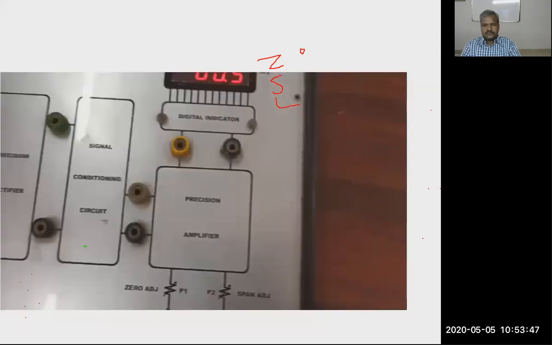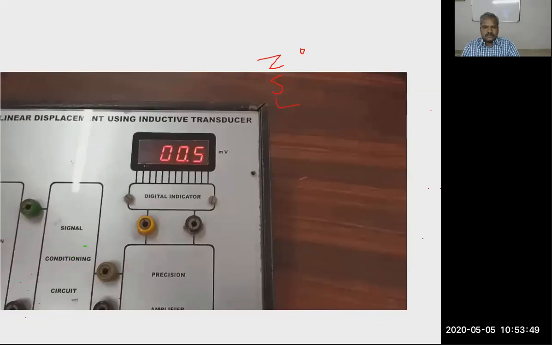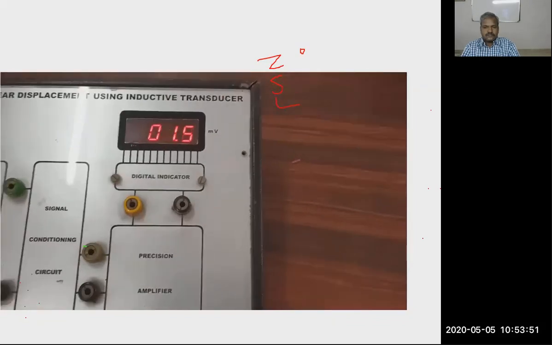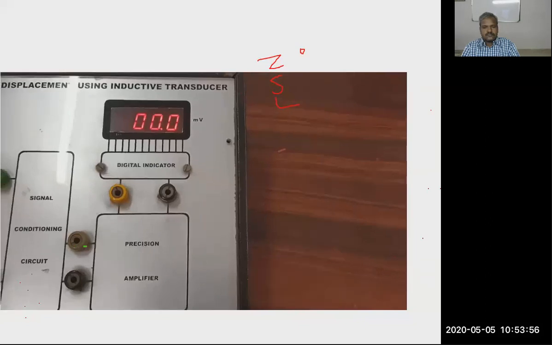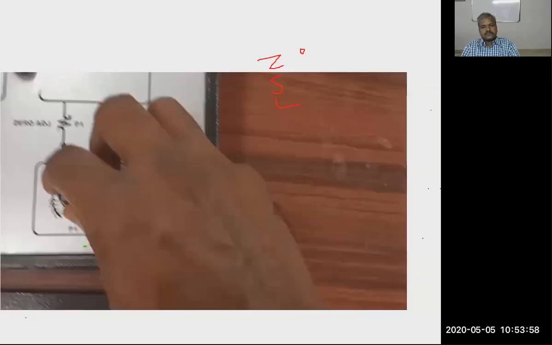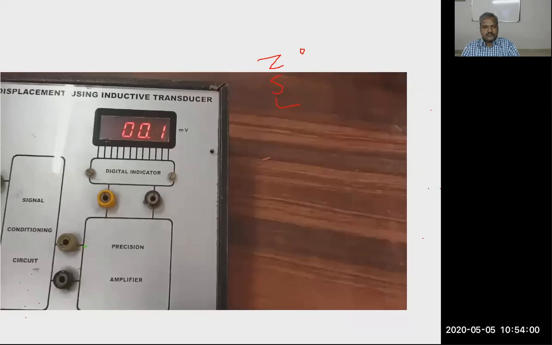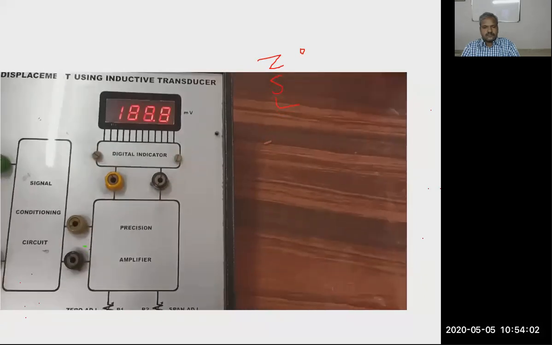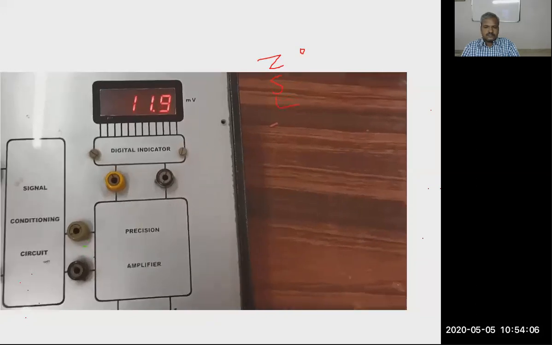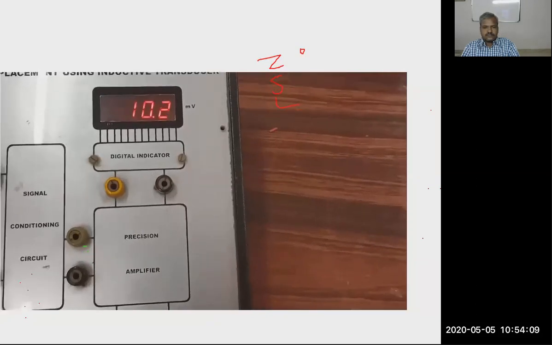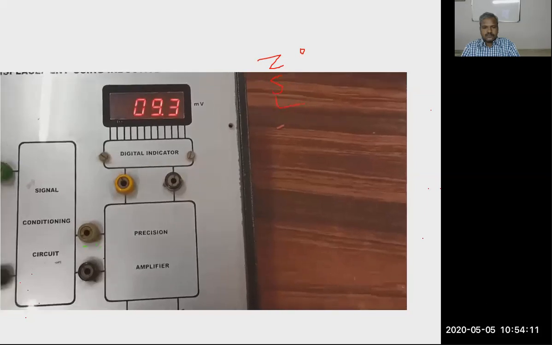For that, we have to adjust the gain point, the span adjustment, and bring it to 10 millivolt.